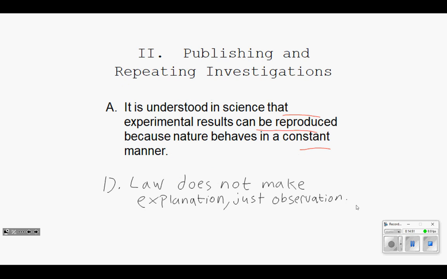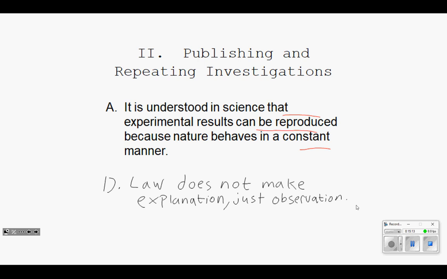Many scientists don't get the Nobel Prize, even though they're the ones that first did the experiment, because they didn't publish it. And then when it is published, whatever you're publishing needs to be reproducible. Like you give steps that are detailed enough for someone else to follow.